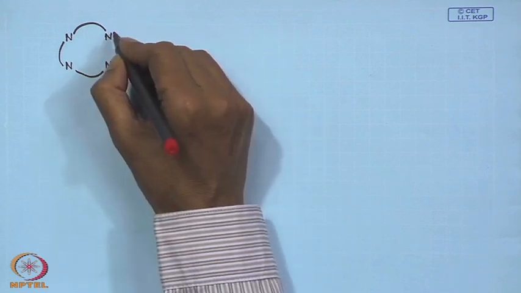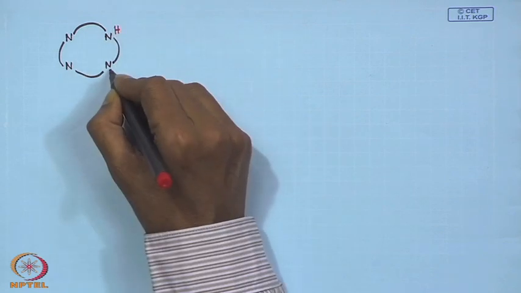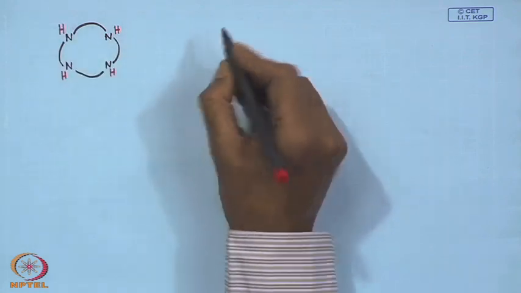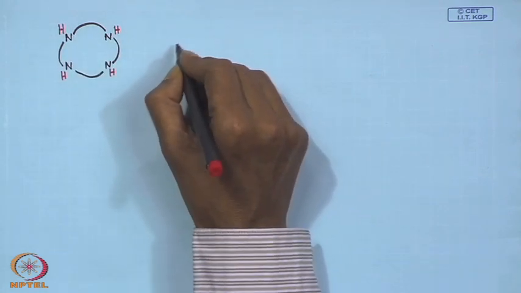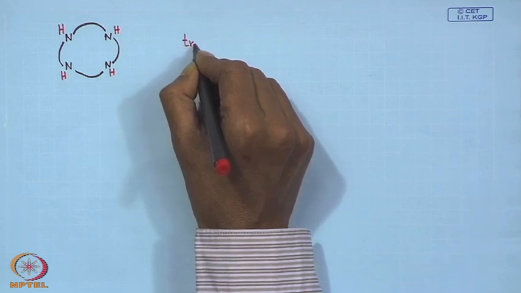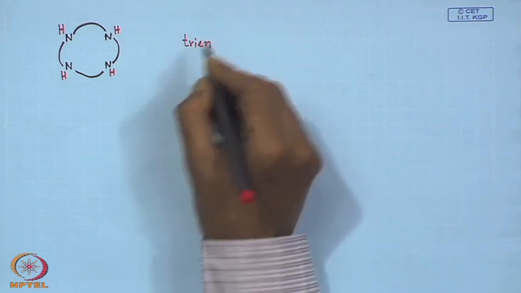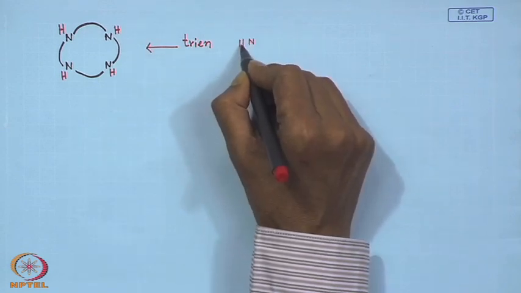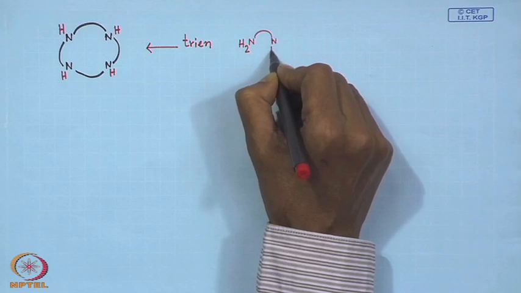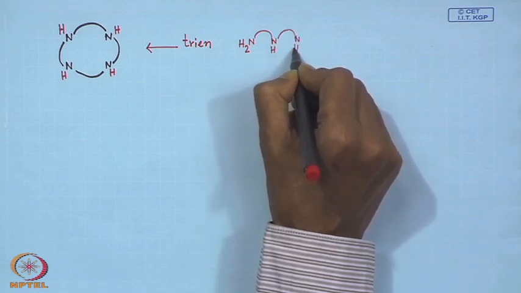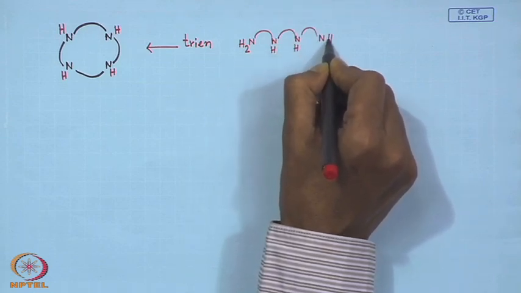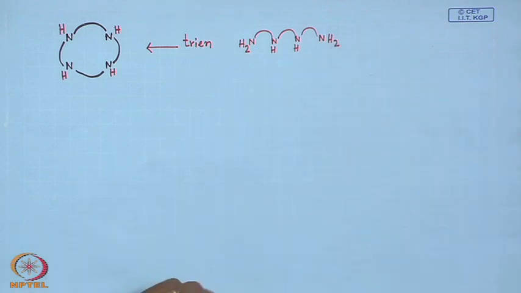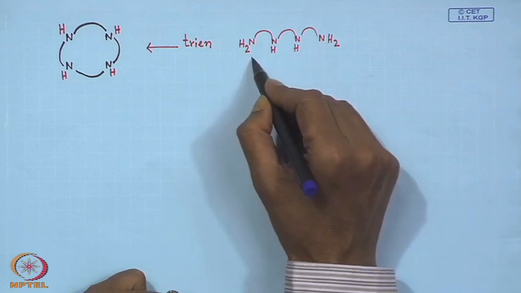This can be derived if these are all NH, like taken from diethylene triamine. So, this can be obtained if we consider the trien backbone. The trien was NH2, NH, NH and NH2.